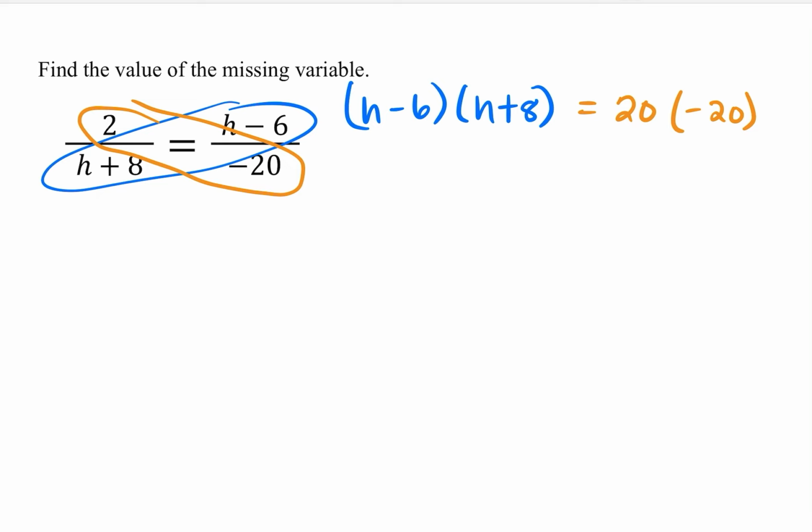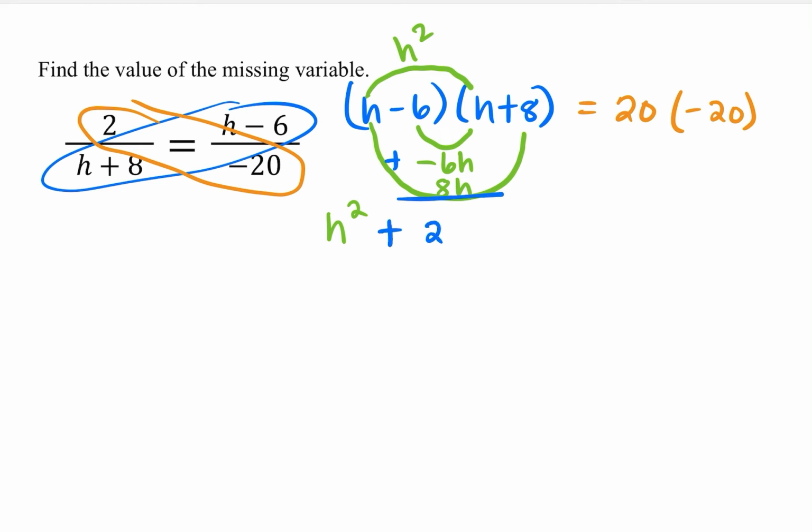Let's distribute. So h times h is h squared, and negative 6 times h is negative 6h. H times 8 is positive 8h. And if we add these two together, that is going to give us positive 2h.